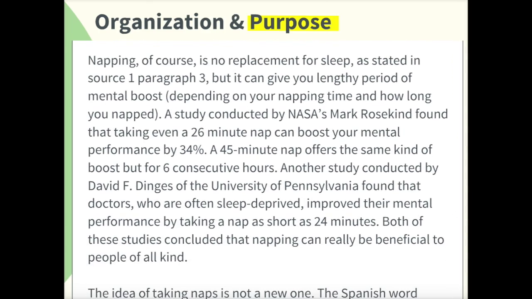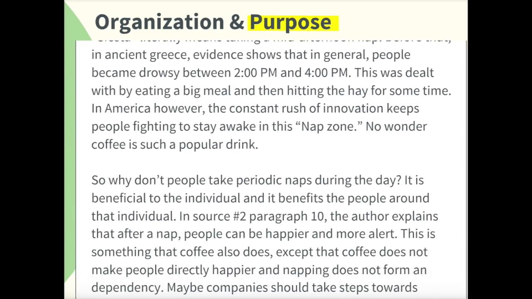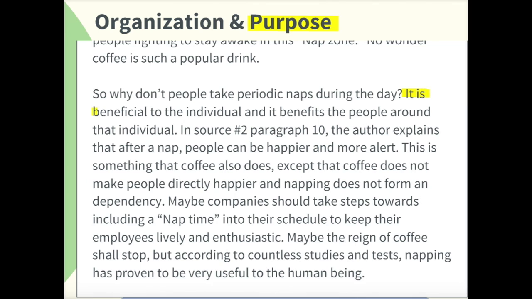In the second paragraph, the student introduces and develops the idea of the benefits of napping. And in the concluding paragraph, the essay reinforces the idea that naps are beneficial because they make people happier and more alert, and that napping is useful to humans. This seems like a pretty clear thesis.